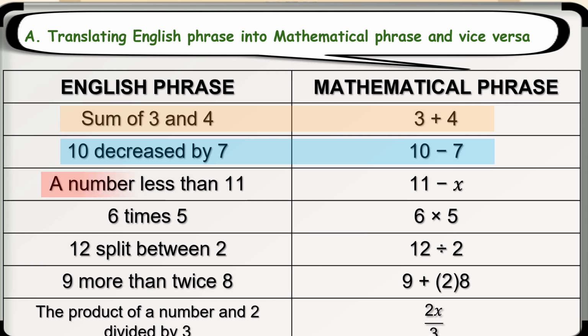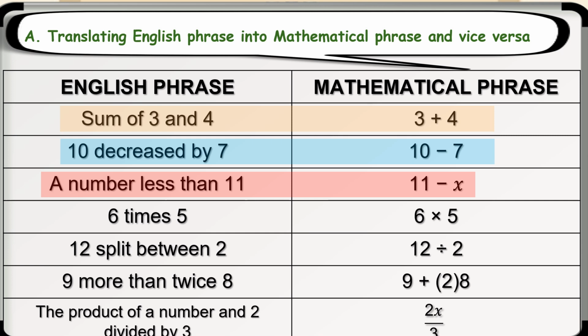Number 3. A number less than 11. Be careful when dealing with the keyword less than. The subtrahend will be the quantity that comes before the keyword less than, and after it will be the minuend. In other words, we are going to subtract the unknown number from 11.